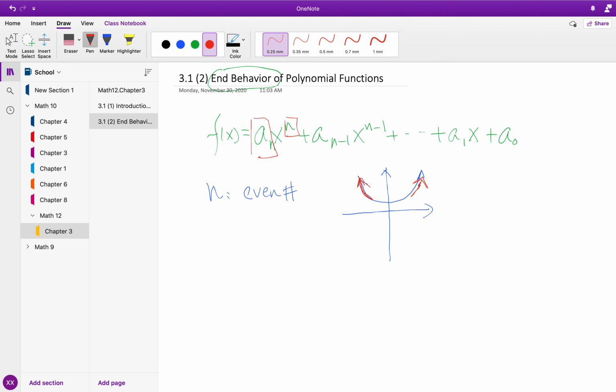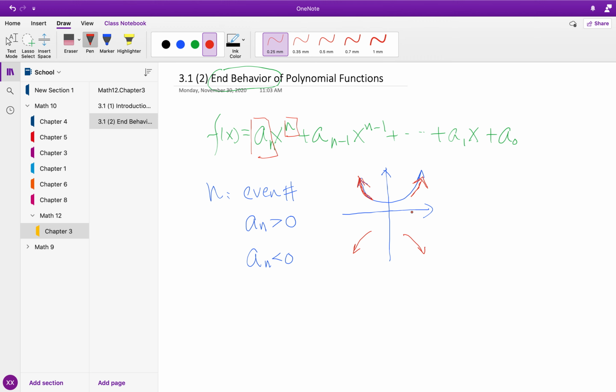But this also means a_n is larger than 0. So a_n is a positive number. So that goes like that. But if a_n is a negative number, we all know your end behavior will be down and down, down and down.